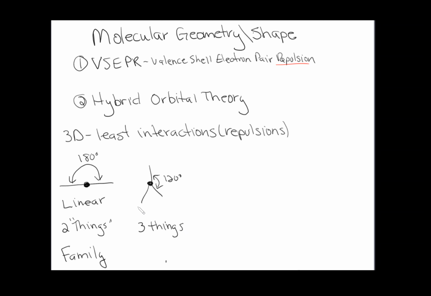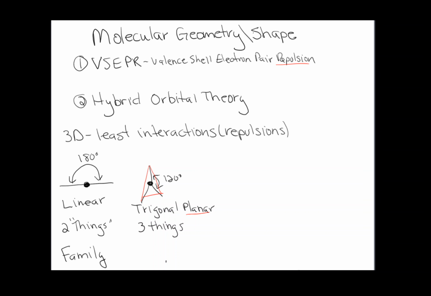And it is called trigonal planar. The reason it's called trigonal planar is because it's flat, which means planar, and it makes a triangle. So basically, it is a flat triangle. That's where the name trigonal planar comes from.